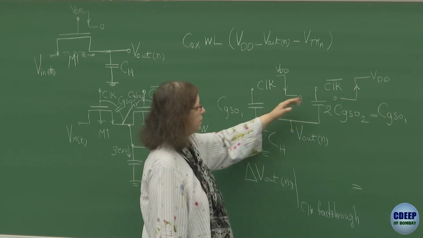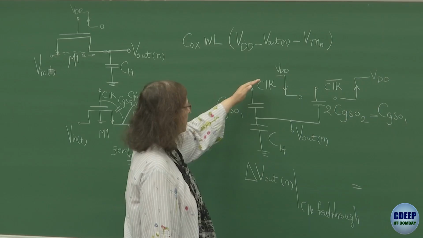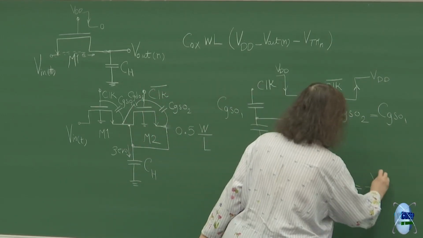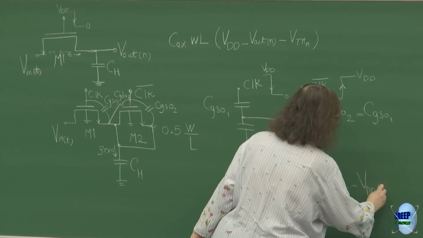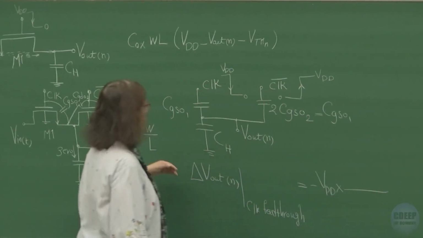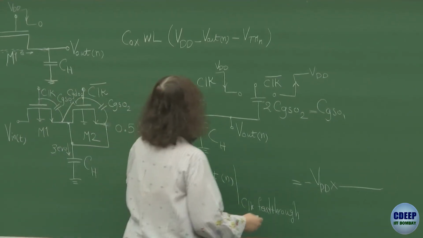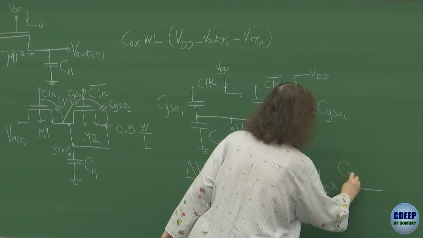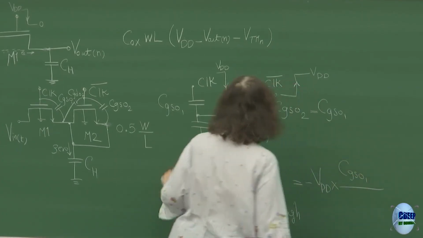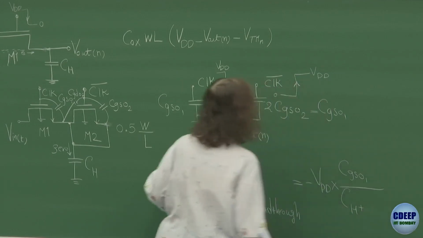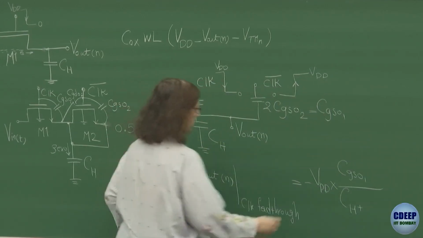So if we make clock bar 0 and then we have the delta V of minus VDD, this change will be minus VDD multiplied by the capacitive division, which will be CGSO1 upon CH plus the same CGSO1.